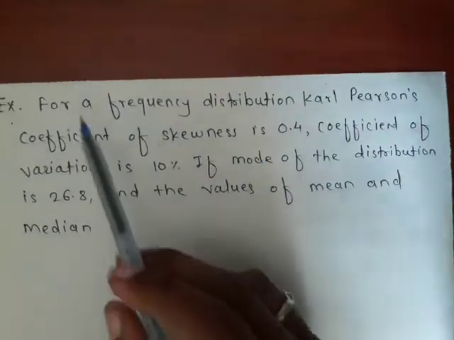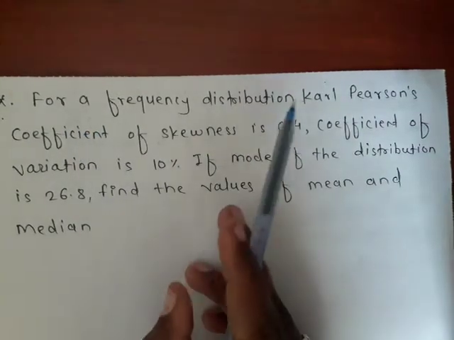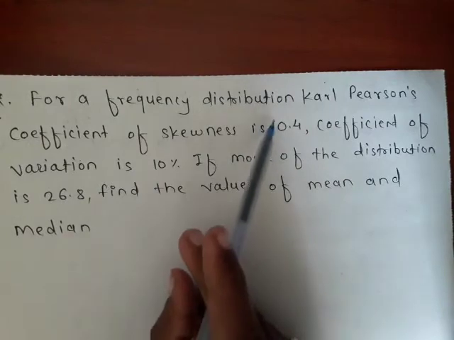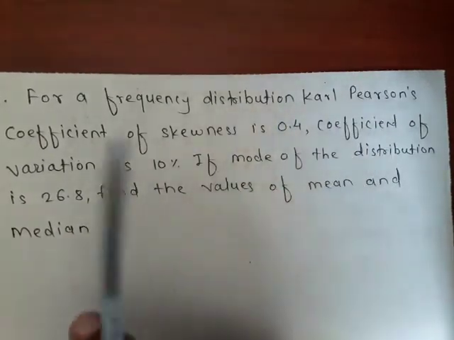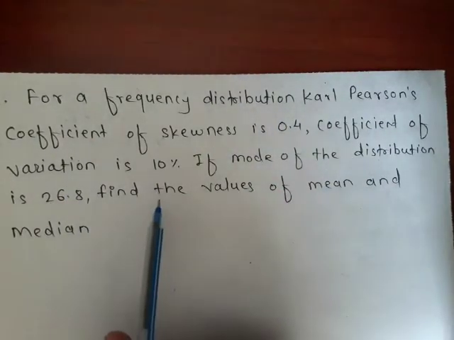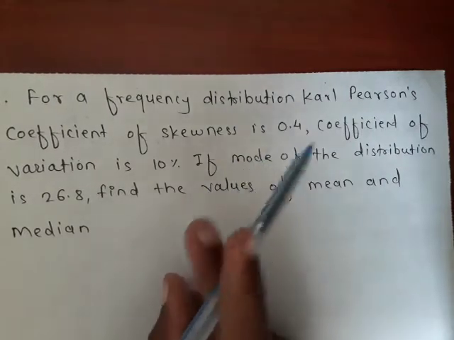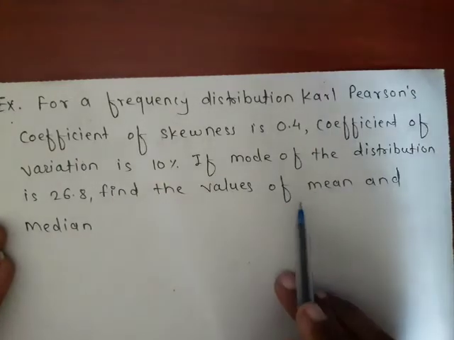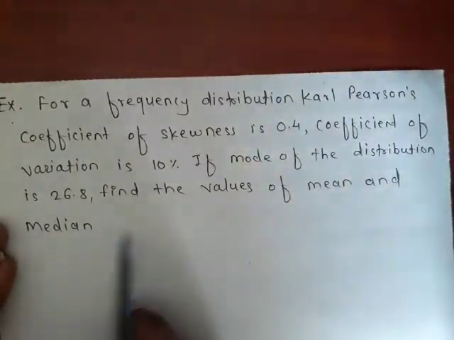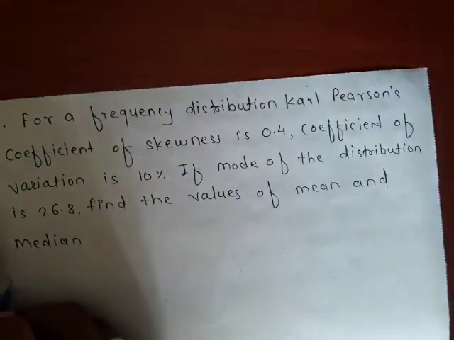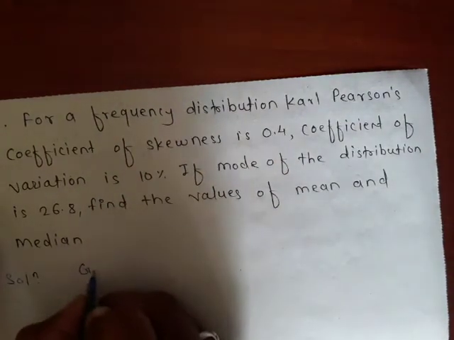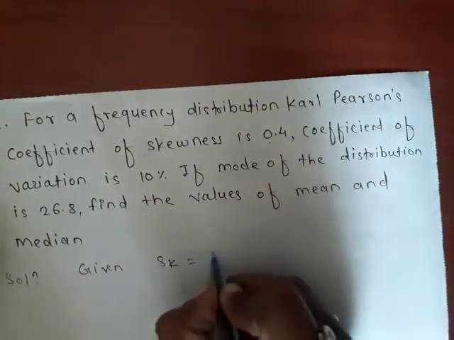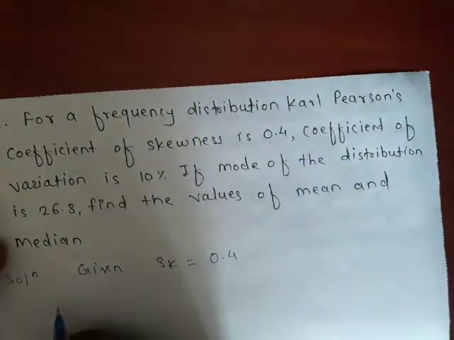First example: for a frequency distribution, Karl Pearson's coefficient of skewness is 0.4. Coefficient of variation is 10%. If the mode of the distribution is 26.8, then find the values of mean and median. Solution: it is given that Sk, the coefficient of skewness, is 0.4.